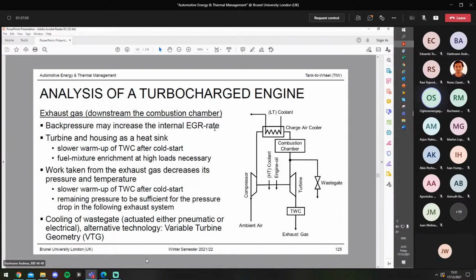You might need a belt. A belt to connect it to the engine. Okay, sorry, no belt. That's for a supercharger. Wastegate. And what is the wastegate used for?